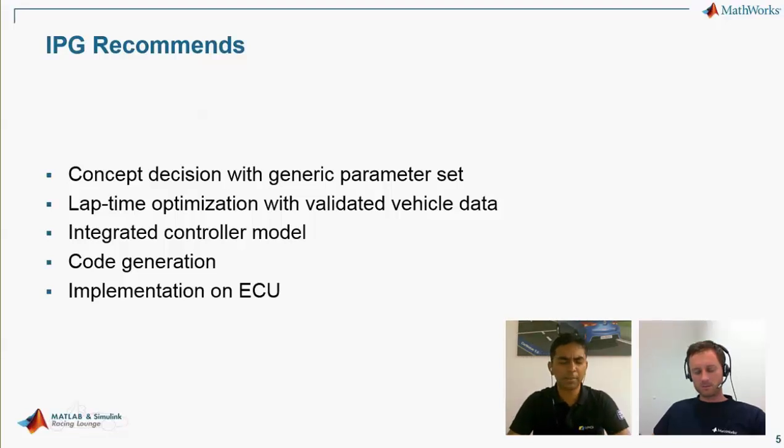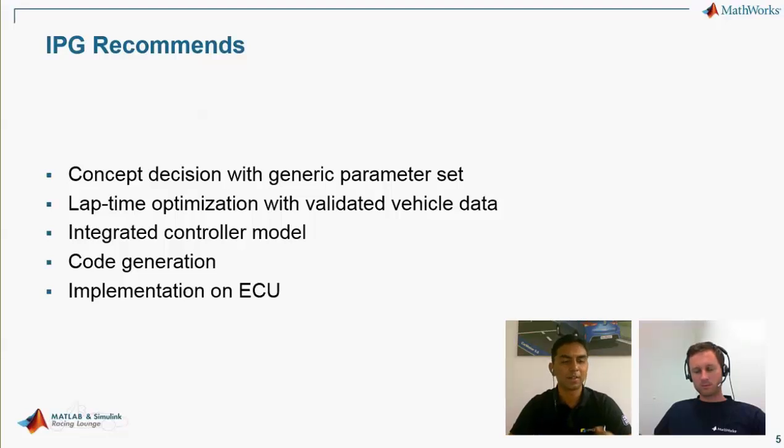The suggestion for teams who are just starting would be to take the generic parameter set and do concept decisions based on it. So you can actually see in which direction the changes are reflecting. If you make small changes to the suspension setup, you can see what the result is in the lap timing, how the car is responsive, etc.